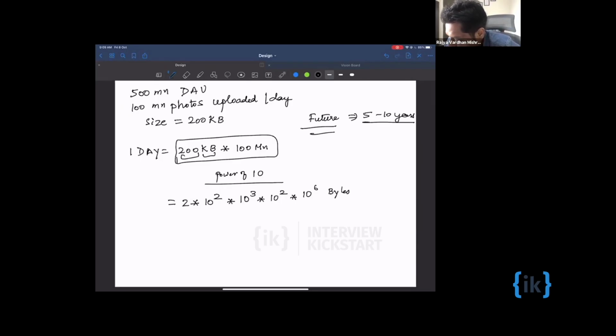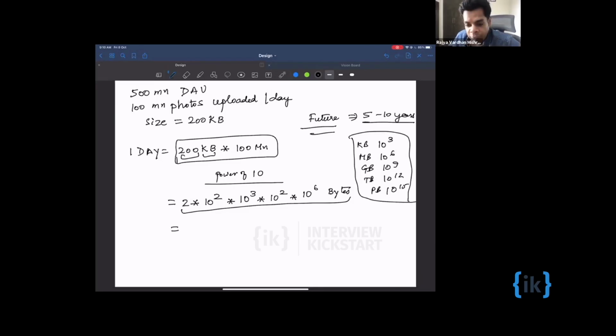So these many bytes you would be needing in a day. If we know the power table, it's 10 to the power 3, 10 to the power 6, 10 to the power 9, 10 to the power 12, 10 to the power 15. So this is kilobyte, this is MB, this is GB, this is TB, this is petabyte.